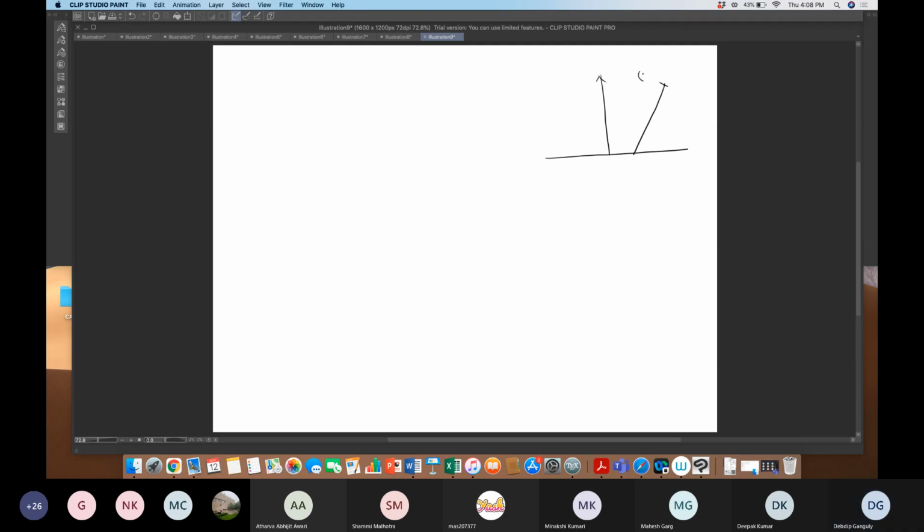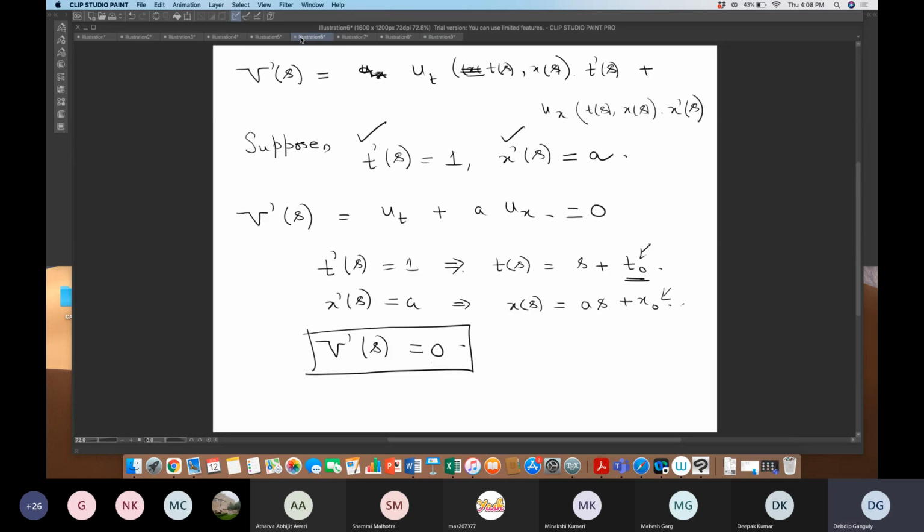This is the line with slope a hitting at the point A. What is the equation of the straight line? s comma a s plus x naught. Agreed? This is a straight line. Agreed? Just see, we have done this.